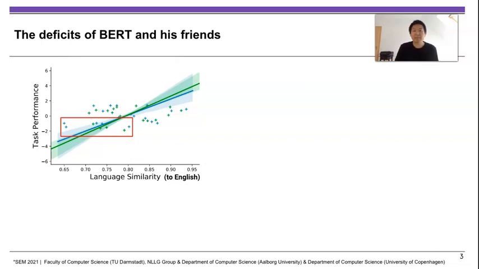Let's look at the deficits of m-BERT and its friends. Intuitively, an NLP system trained on English generalizes very poorly to languages that are dissimilar to English, for example, Chinese. We justify these intuitions by this figure, where one point in the figure is a language, and we see the languages in the red regions are the ones that are dissimilar to English, for which cross-lingual transfer from English performs very poorly.